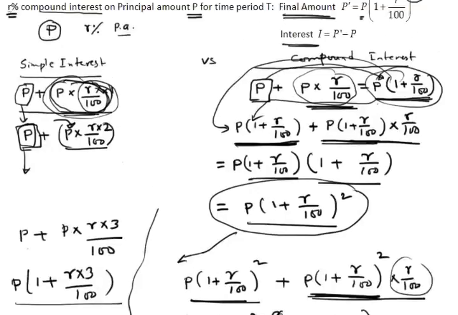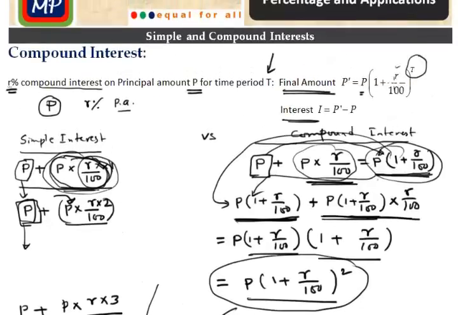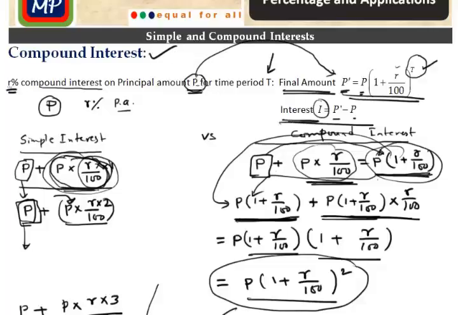Now for compound interest, it is 1 plus r division 100 to the power t. So this will be the final amount after t period, that is t years or any other period. Now interest then. After t period, initial amount P, that is principal amount P, becomes final amount P prime. So how much interest obtained? Final amount minus initial amount, that will be the interest. So this will be the working formula for calculating compound interest.